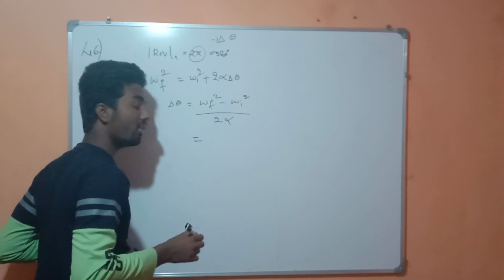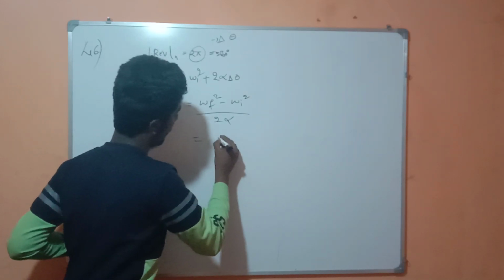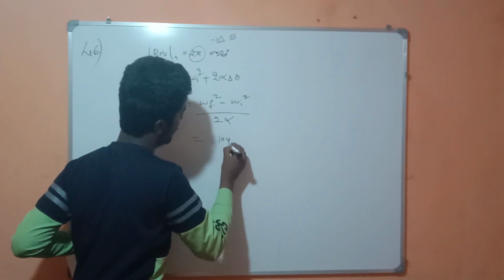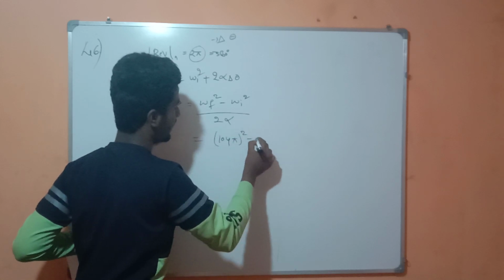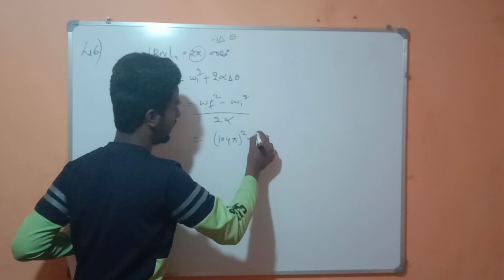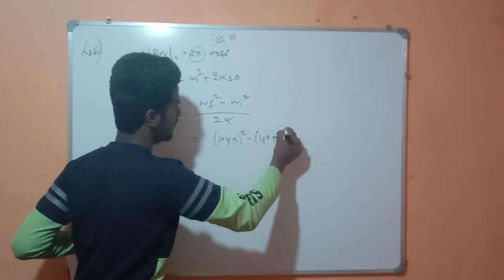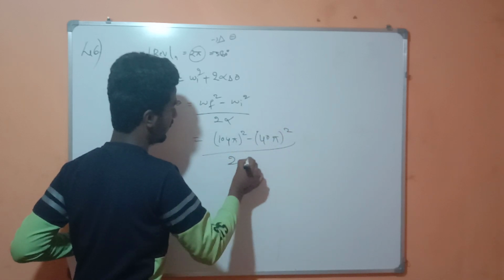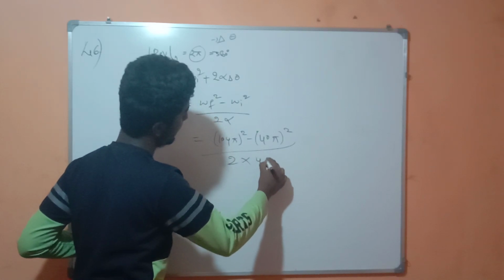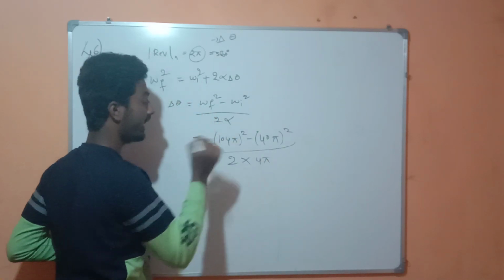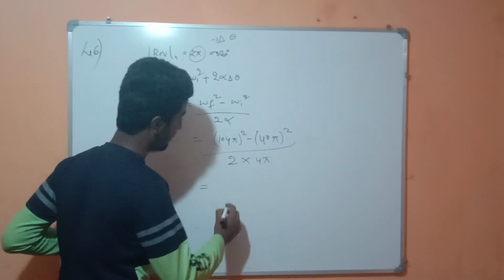What is the value of omega final? We have got 104 pi squared minus the initial, which is 40 pi squared, divided by 2 into, what we got, the alpha value, which is 4 pi. Let me take pi squared as a common factor.